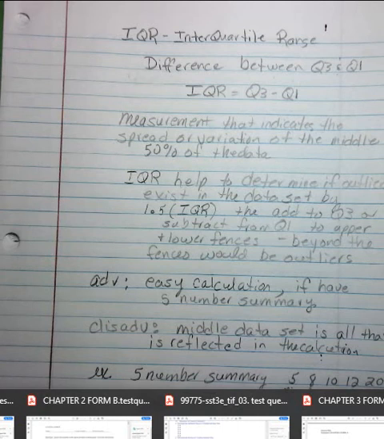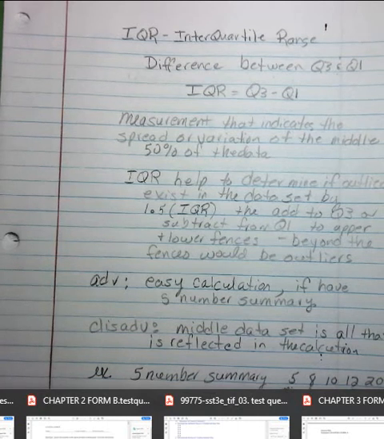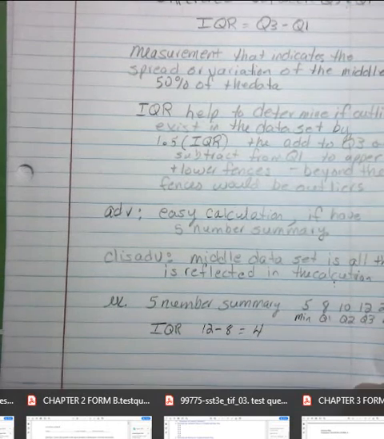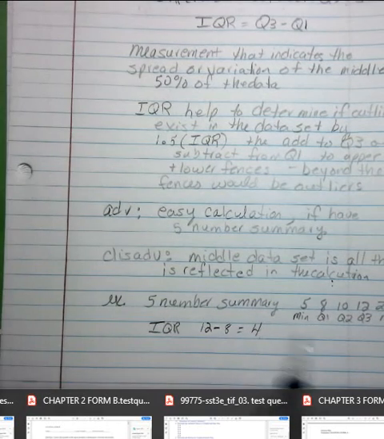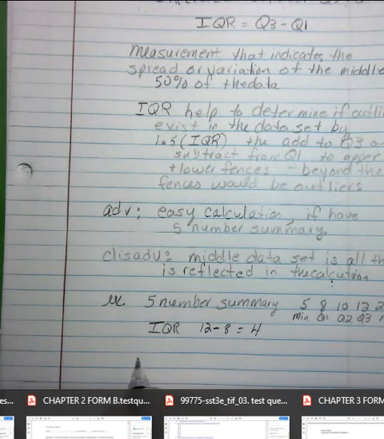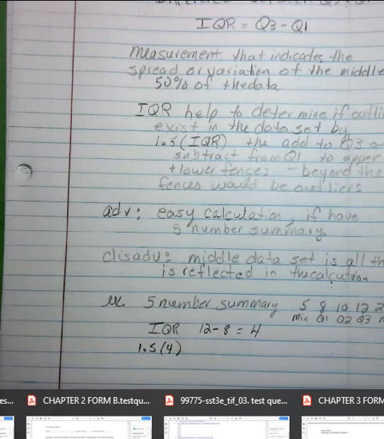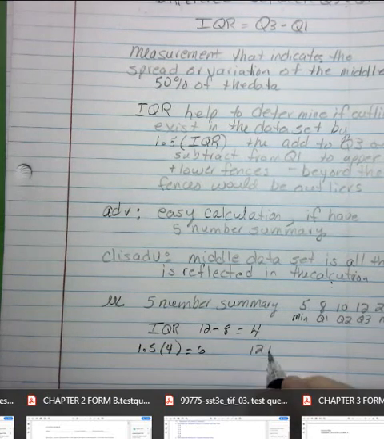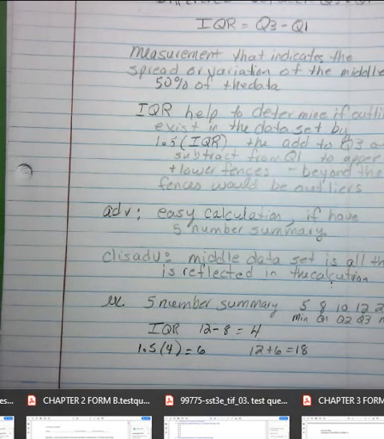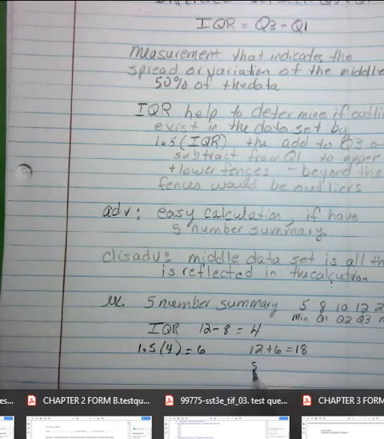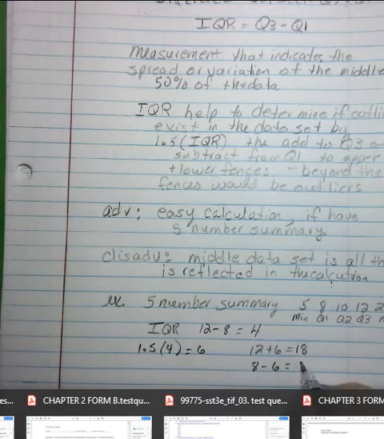And then if we were trying to find out if we had any outliers, then we would take this IQR value and multiply it by 1.5, which means that would give us 6, and we add that to the upper quartile, so 12 plus 6 would be 18, and we subtract it from quartile 1, so 8 minus 6 would be 2, and these are our fences.